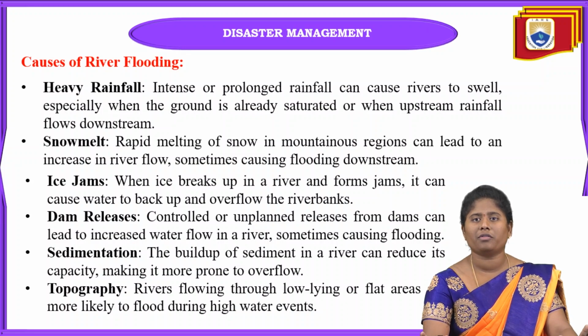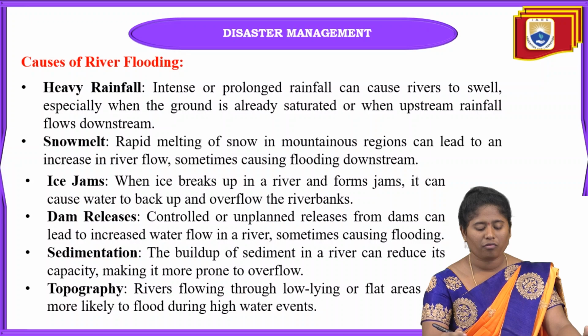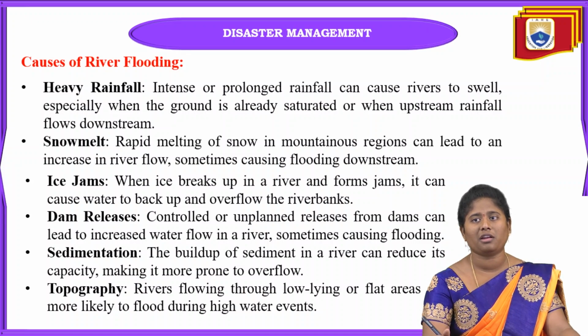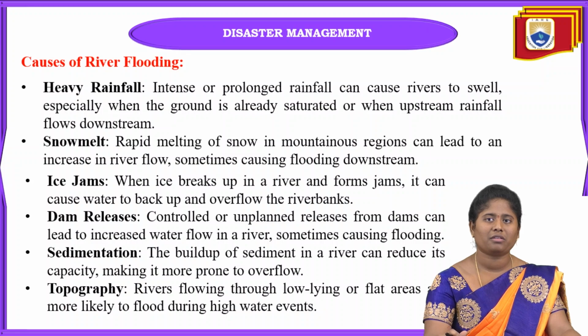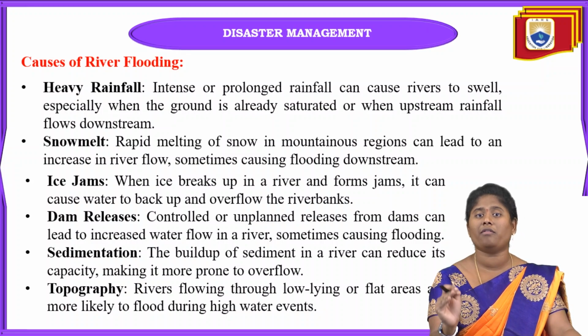Next one is topography. For the occurrence of river flooding, when the river flows through low-lying areas or flat areas, these floods can happen. Why? Because in low-lying or flat areas, the flow of water will be very heavy.